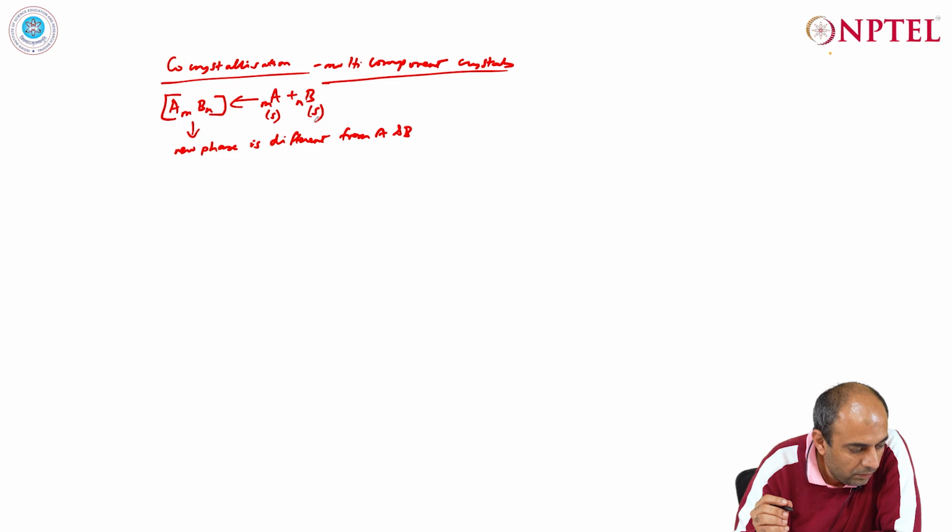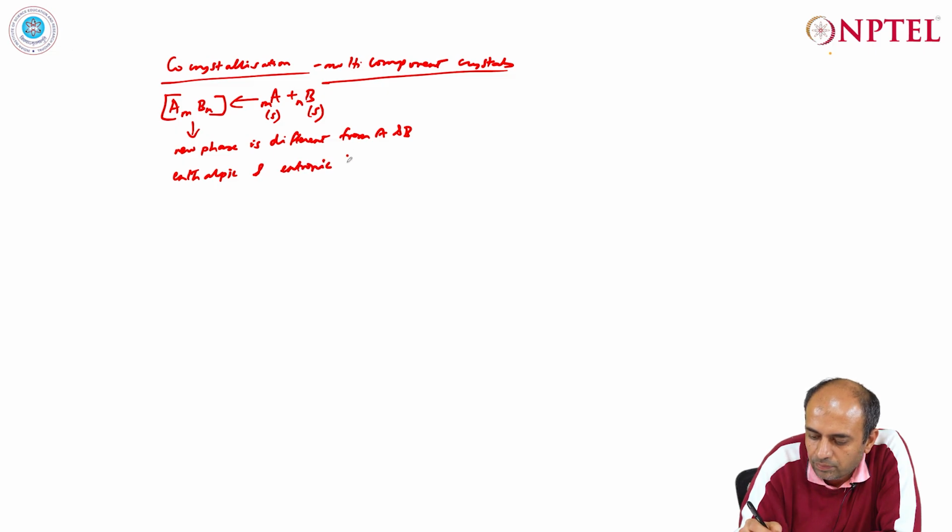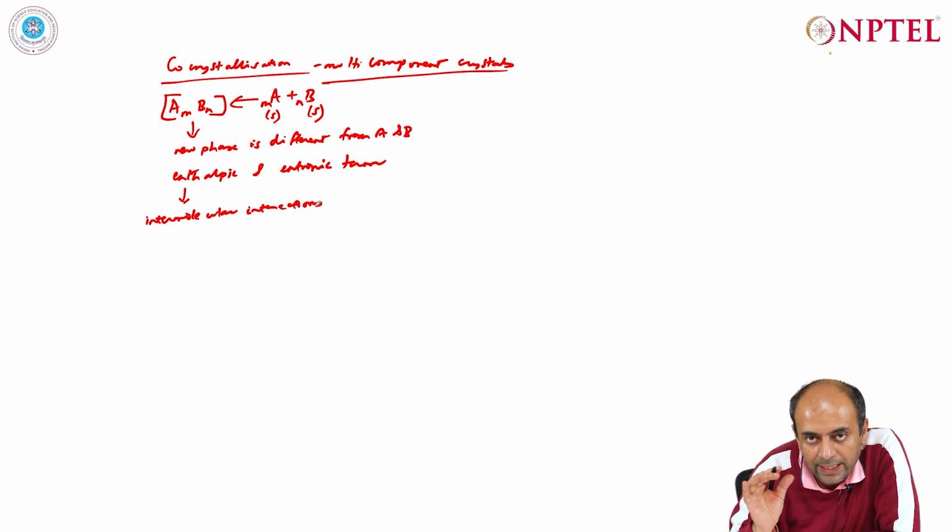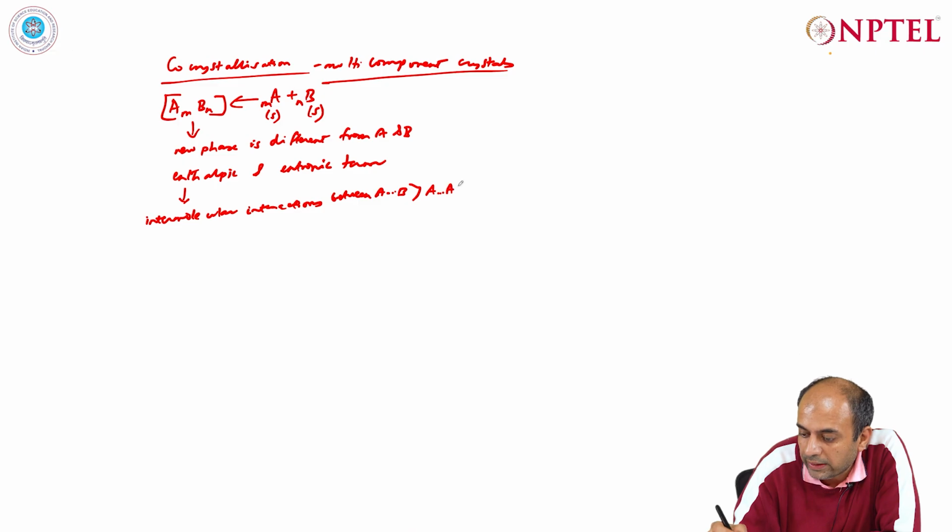And the formation of the co-crystal and the driving force for the formation of co-crystals originates from both the enthalpic and entropic term. From the enthalpic term, we understand that the intermolecular interactions between the A and B components is greater than the strength of the intermolecular interactions between AA or BB.